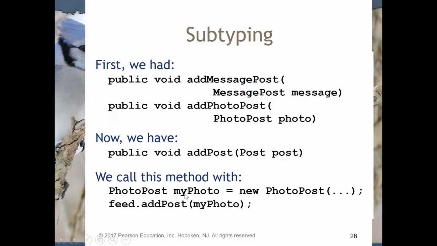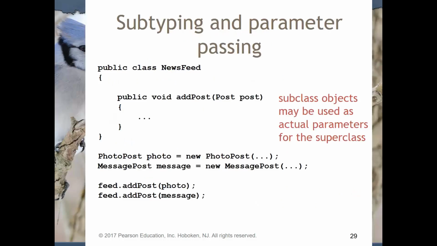We call this method: myPhoto equals new PhotoPost, feed.addPost(myPhoto). AddPost is singular, which is very nice, and you can pass in any of the different types of child subclasses.